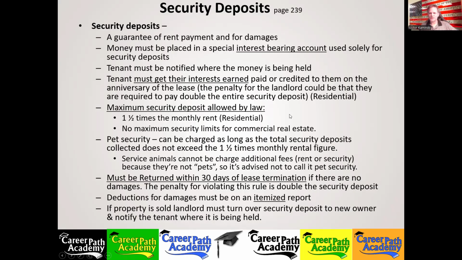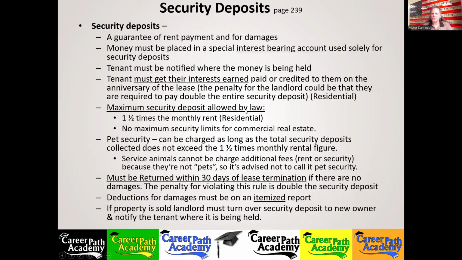That's for residential anyway, not commercial. If the landlord's been holding on to the tenant's security deposit, not having it in an interest-bearing account and paying that interest to the tenant annually, well, that's their money. They're entitled to the interest on it. So the penalty, if they don't do it, is double the entire security deposit.